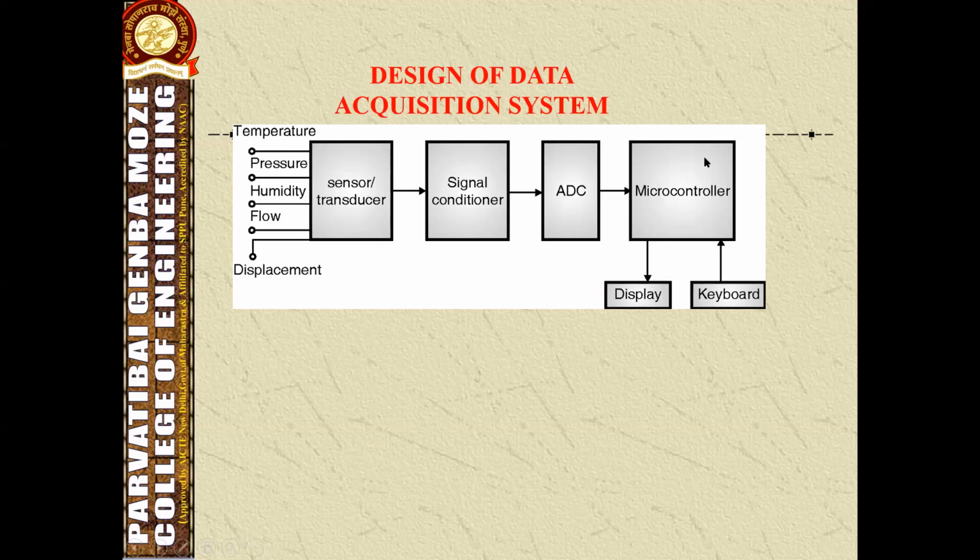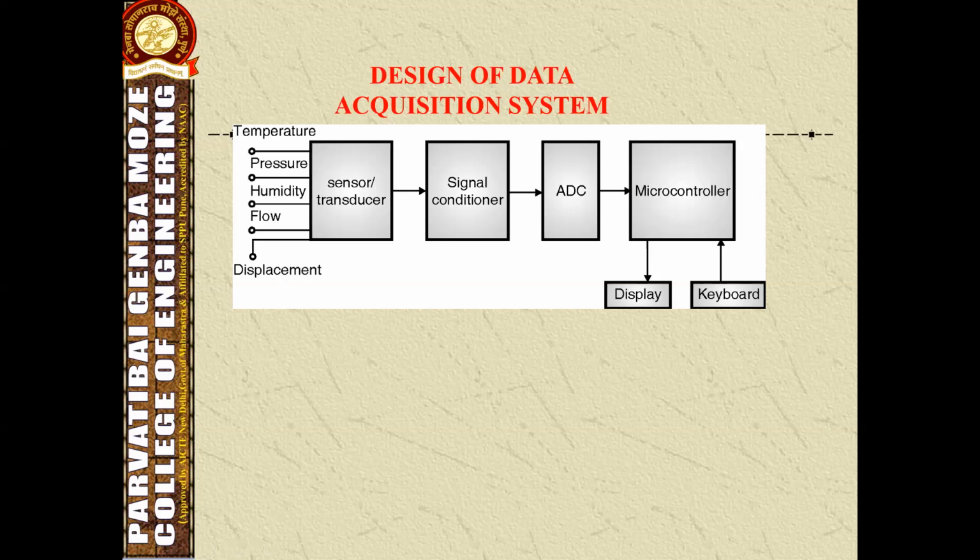So we first have to convert the pressure, humidity, and flow data into a form that the microcontroller and computer can easily understand. For that we use the sensor transducer.